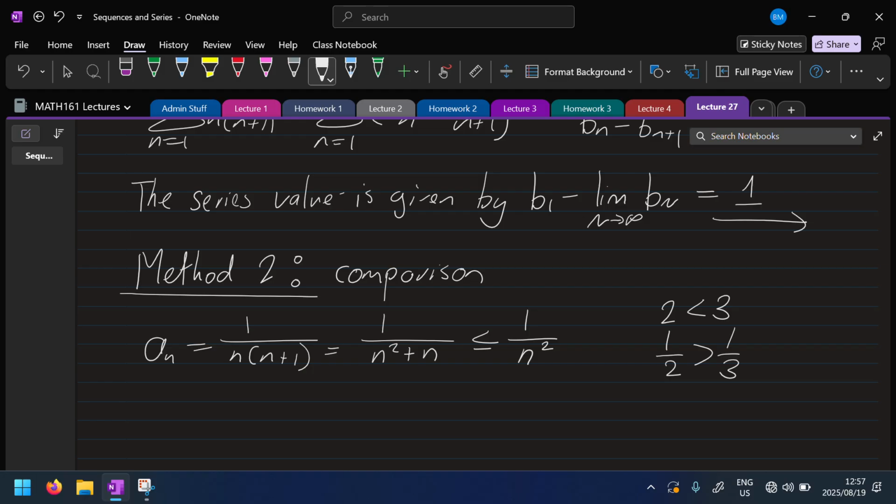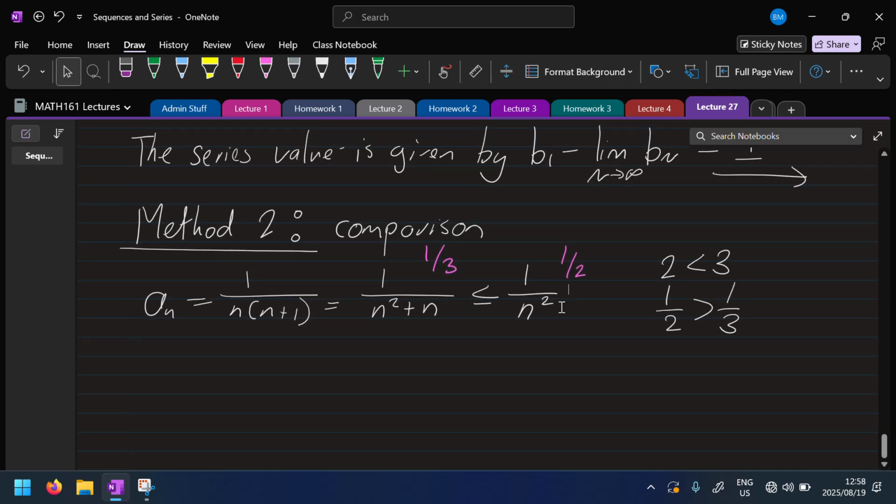That one's bigger. So if that denominator is larger, then the fraction must be smaller. Okay? So again, you can think of it as this one being a third and this one being a half. Right? That first one there has a larger denominator, so it must be smaller. Right? Make sense? Okay, so it's smaller than this.